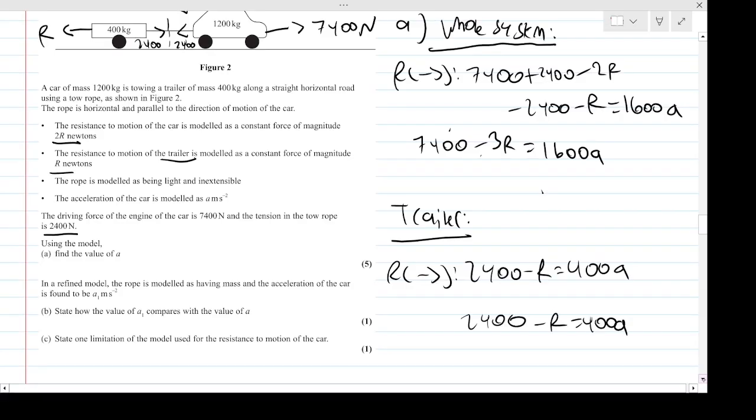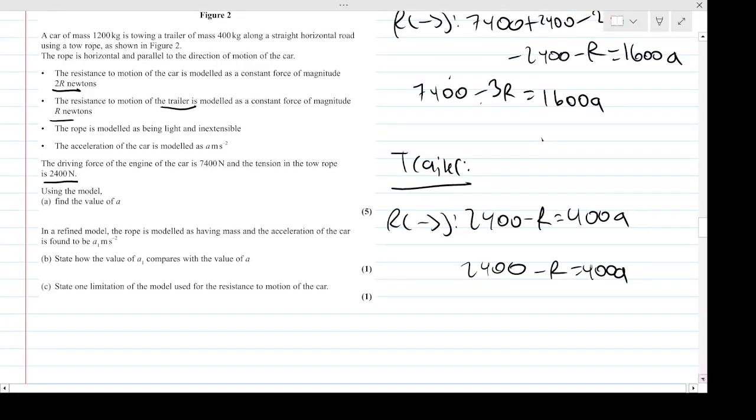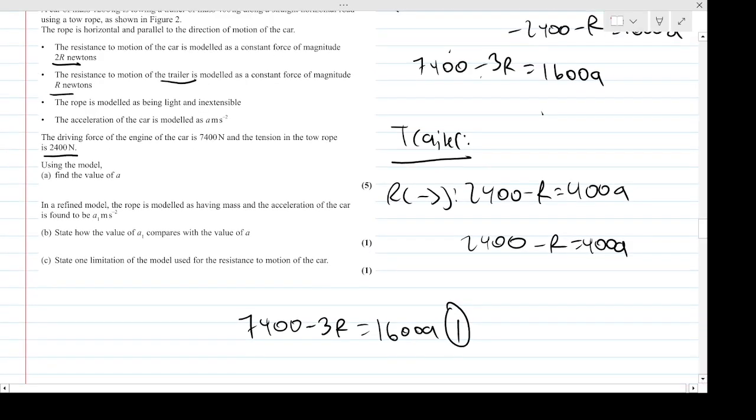And so we get simultaneous equations, right? So if I state it down here, that's my first equation, and my second one is here.